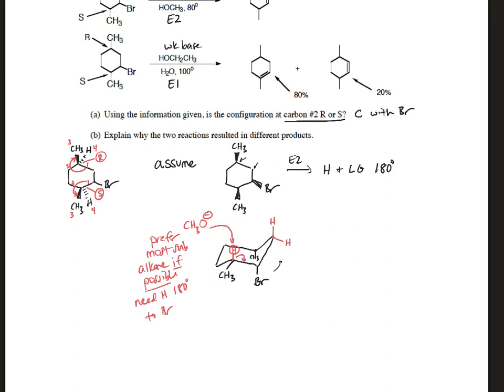and electrons come down, and out goes the bromine. And if that worked, which it would, I would have a CH3 down. Didn't do anything with that, right? And a double bond right there, and then a CH3 coming out.